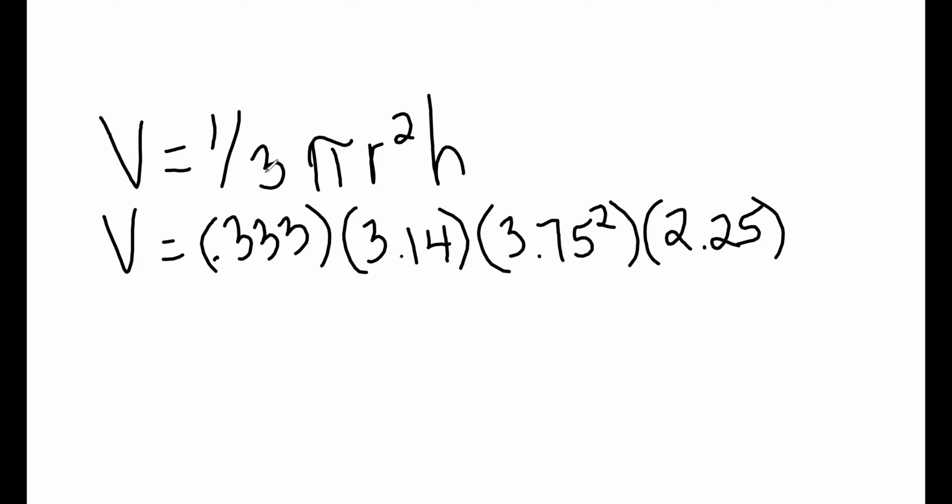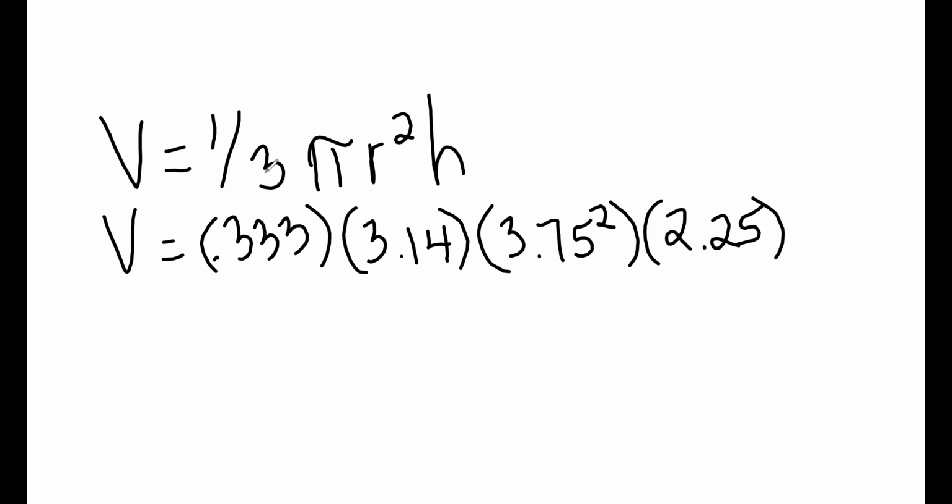So this is the translating of everything that's in the equation. You can translate the 1/3 as the 0.333. You can translate the pi symbol as the 3.14. You got the 7.5 that you're now saying is 3.75 squared. And then the height is the 2.25.